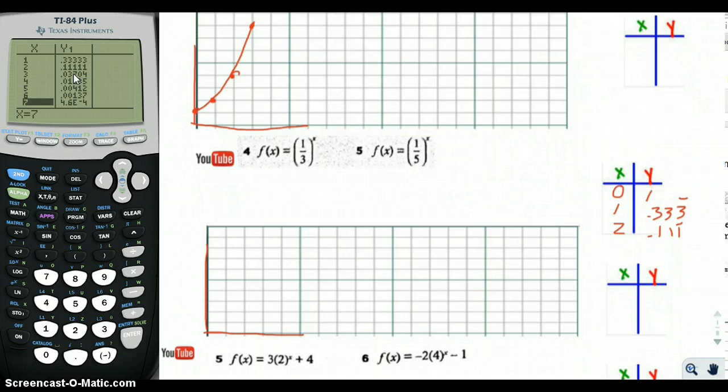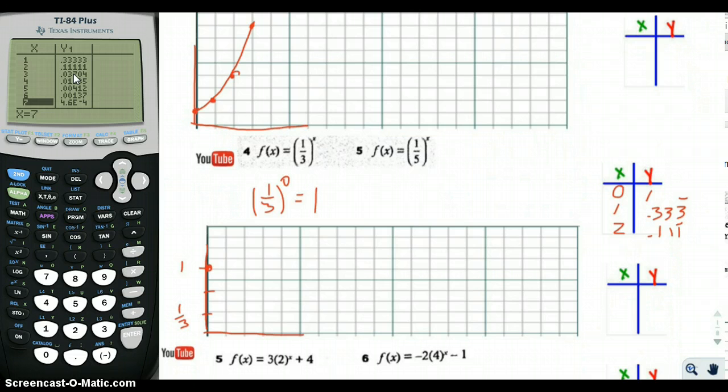Okay, so maybe we should change the scale here to graph this one. So we could put the scale as 1/3 here, and then I would put 2/3, and I would put 1. Okay, and so the first point is 0, 1, just like before. 1/3 to the 0 power is equal to 1. Okay, so that's where that comes from.